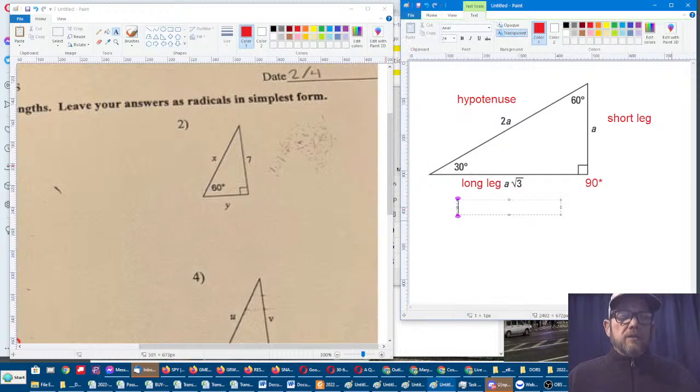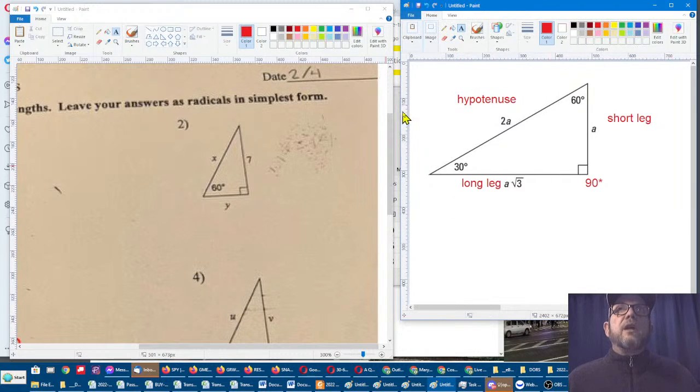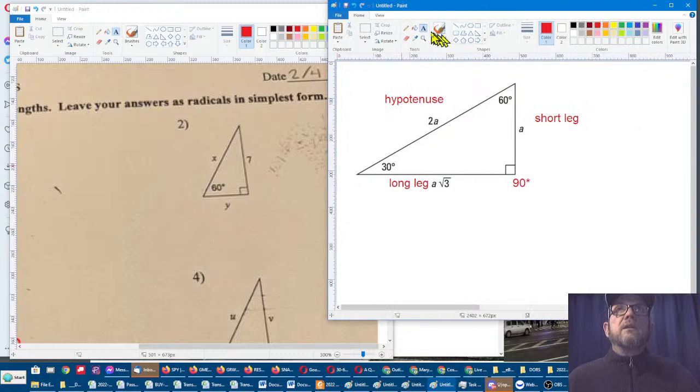So right now let me change it to drawing. Okay.